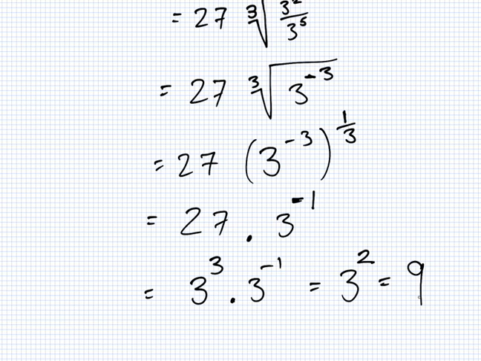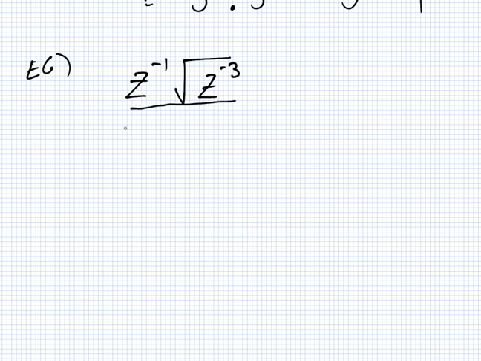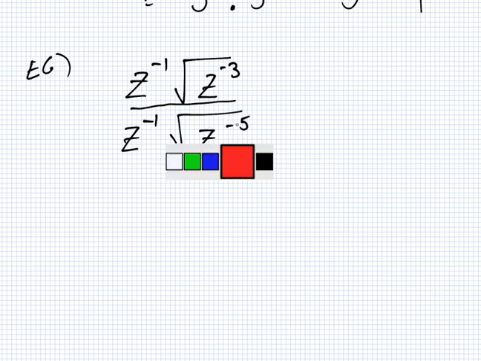Yeah? Yep, okay. Let's look at one that's more difficult because we don't have numbers in it. So next example, z power minus 1 square root z power minus 3 over z power minus 1 z power minus 5. Now, this is very nice because here I can cancel those straight away.